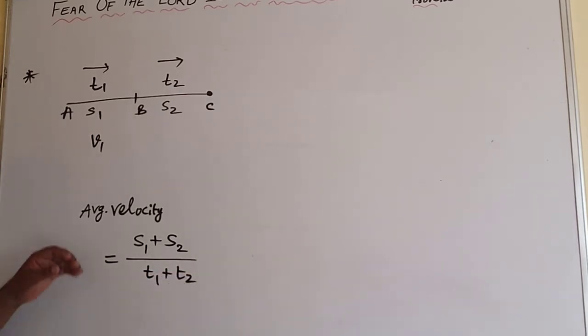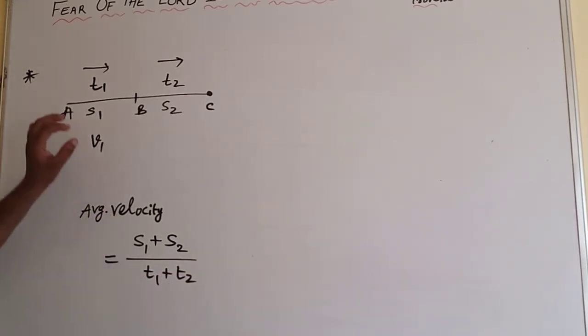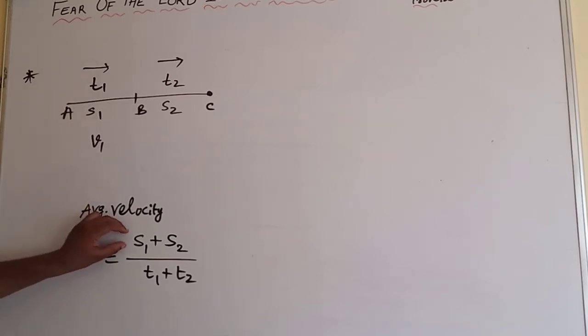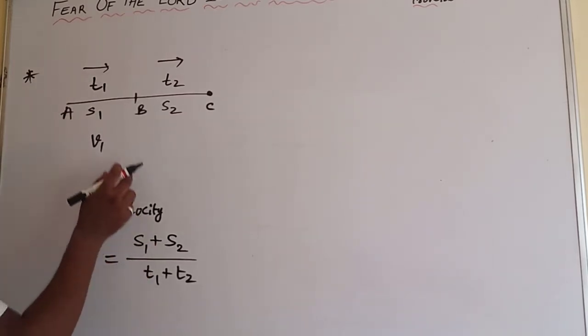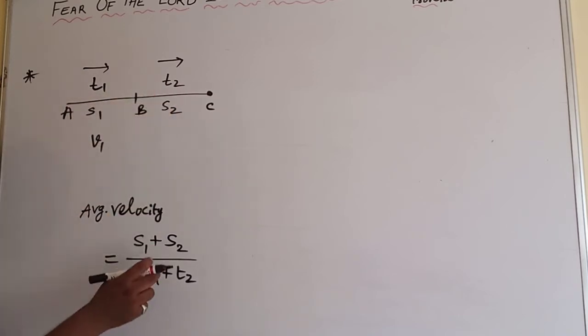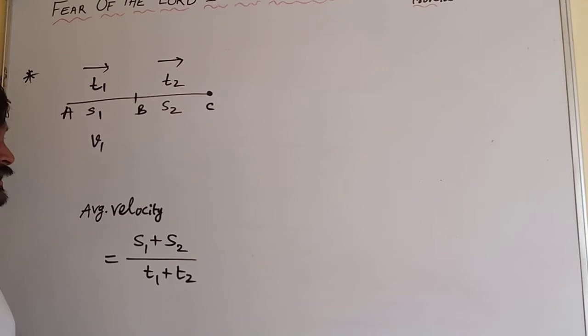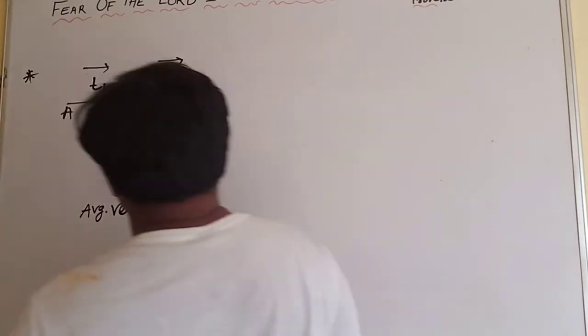You already remember: total displacement upon total time. So here total displacement is S1 plus S2 upon T1 plus T2. So that is about your average velocity.